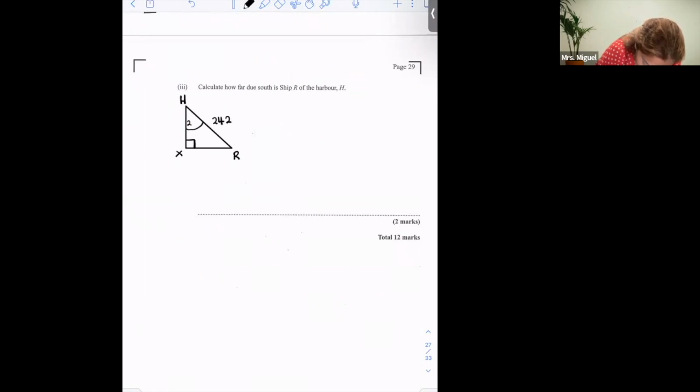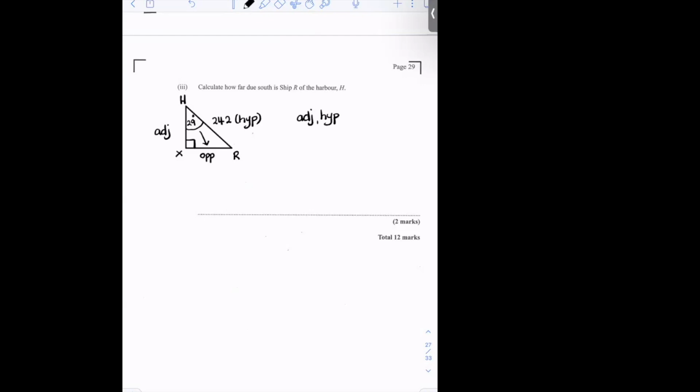Here is 29. So I want to find this side. So this is the opposite. This is called the hypotenuse because it is opposite the right angle. This side is the adjacent.